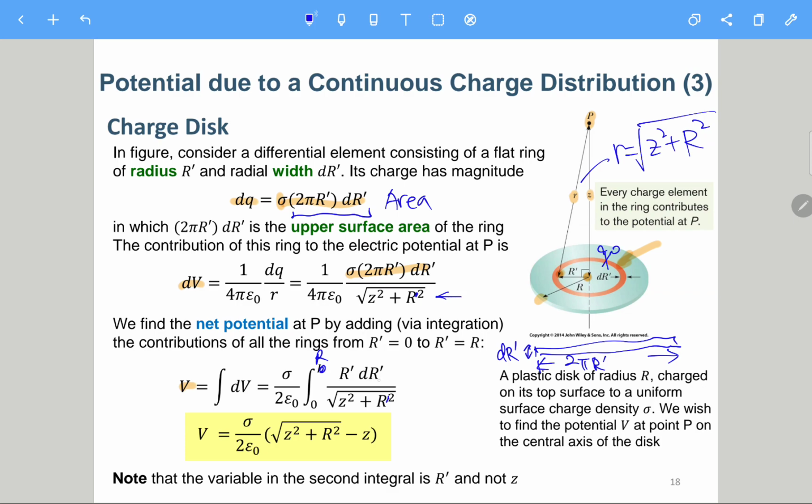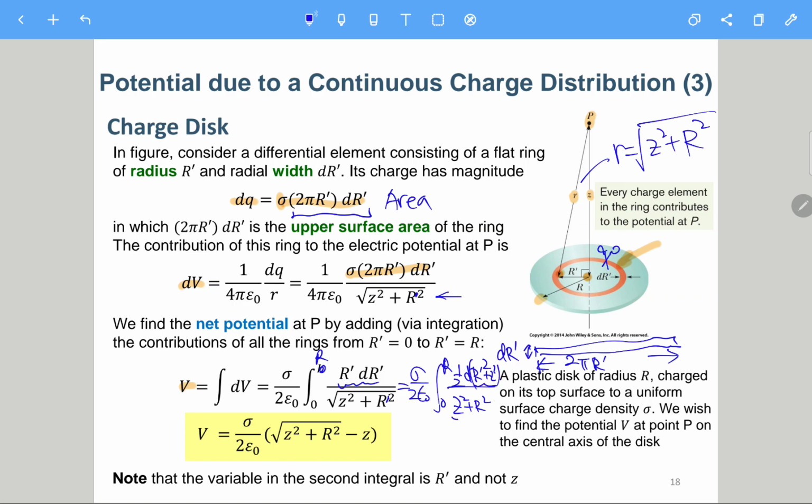So this integration is easier because it is nothing but sigma over 2 epsilon naught, integrated from 0 to R, and then we apply the chain rule so that it is 1/2 d R prime square. So we have z square plus R prime square here, and z is actually a constant, so we can just put it there.